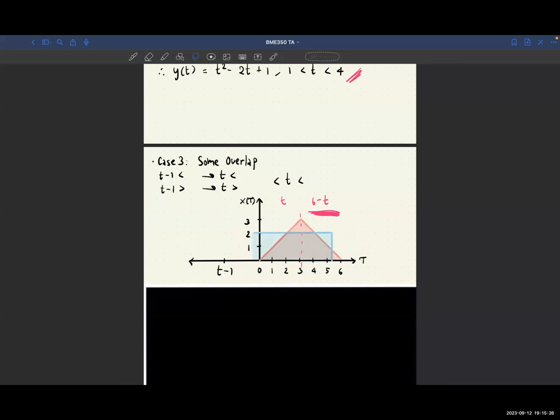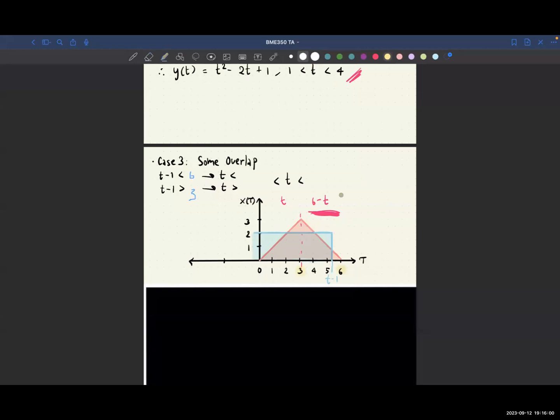All right. Would anyone like to try the boundary condition here? Would anyone like to help me? That's correct, Isabella. Yes, it's going to be t minus 1. It's going to be less than 6, right?